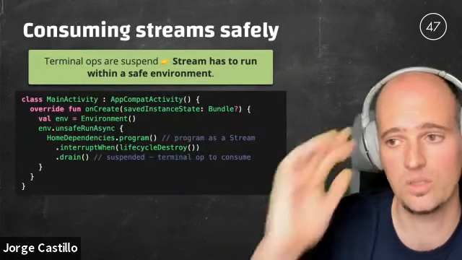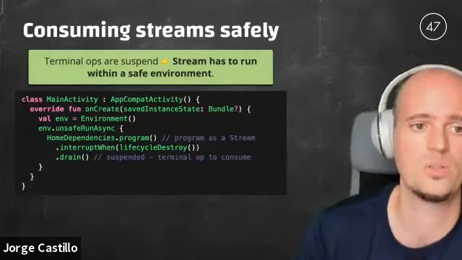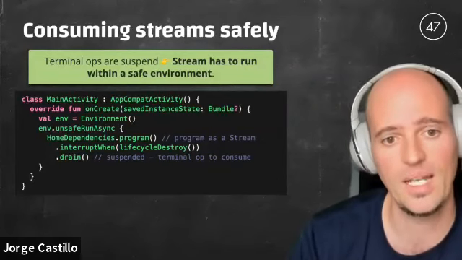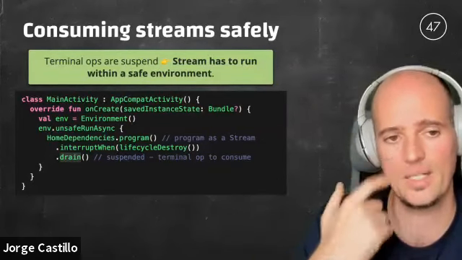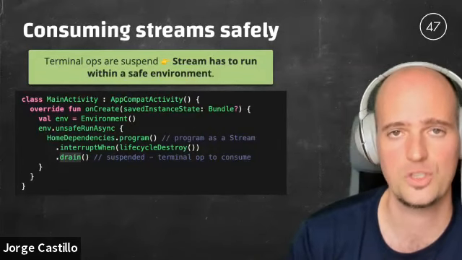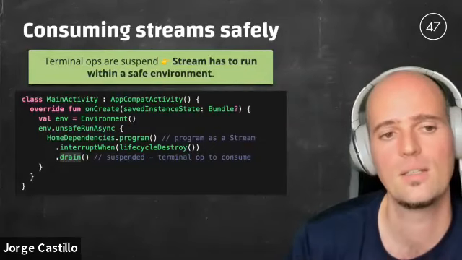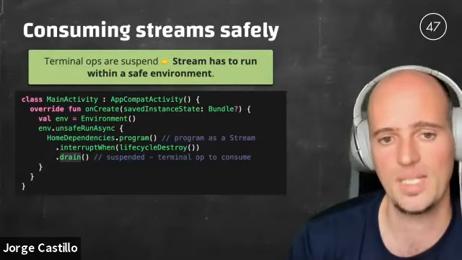And finally, to consume streams safely, again, you want to do it using the environment, right? Any of the terminal operators in the streams, or in the functional streams of Arrow, are suspended also, because that's the point where you actually run all the side effects and you stop being declarative and pure.